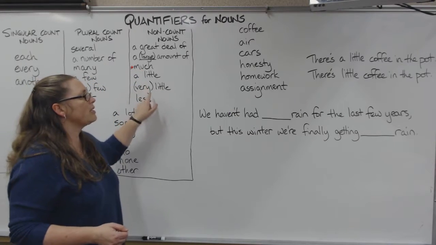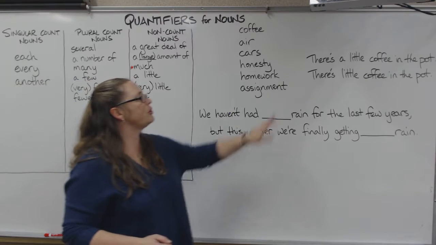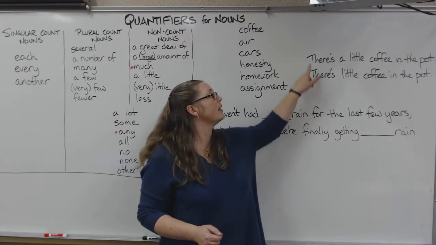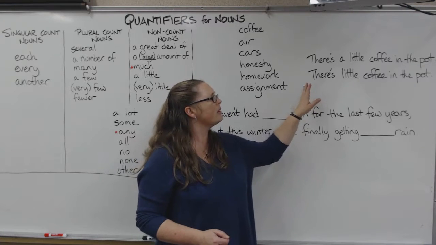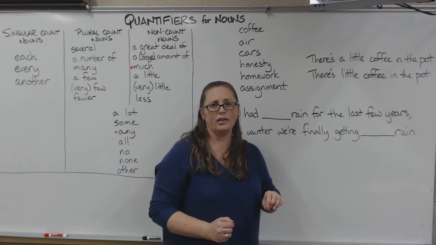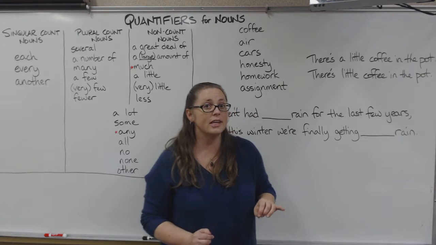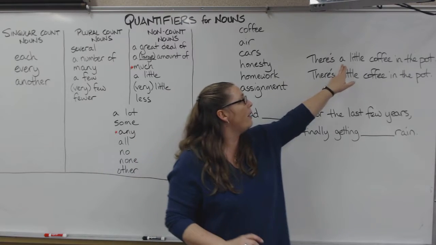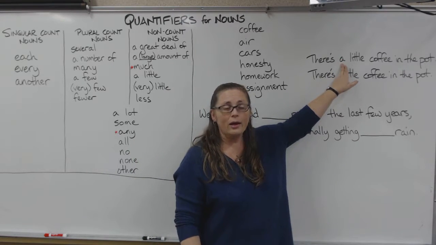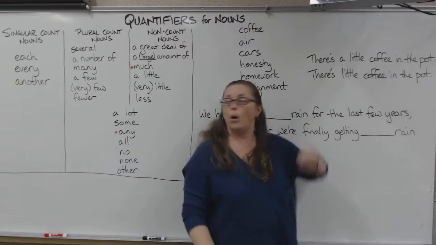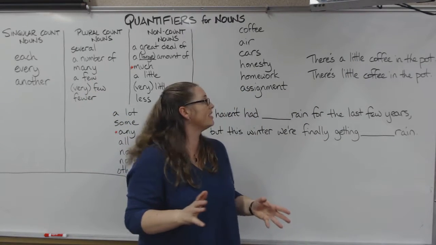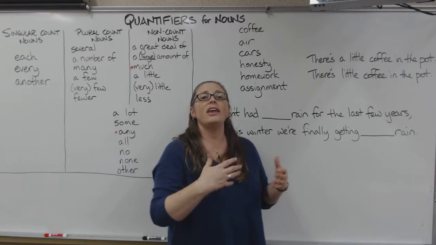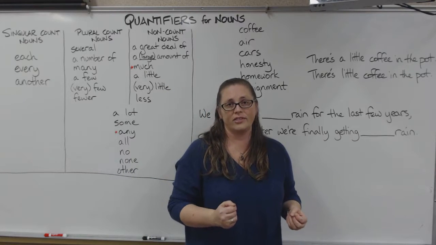I told you I would explain the difference between these two. I have two sentences here. There's a little coffee in the pot. There's little coffee in the pot. The difference is if you have a before little or few, it emphasizes the existence of something.